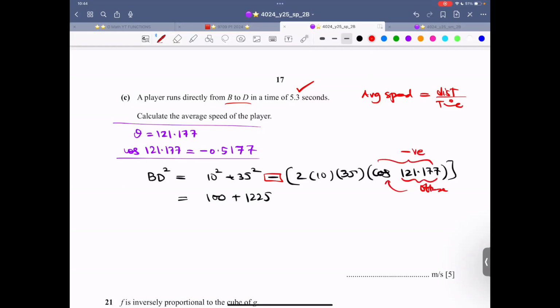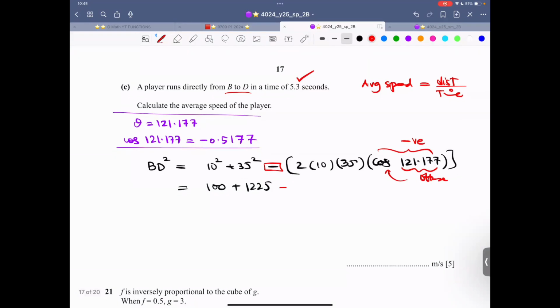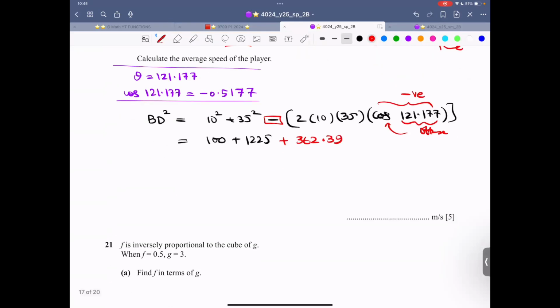So cosine of obtuse is negative. That makes it positive. Now let me evaluate this: 0.5177 into 2 into 10 into 35 comes out to be 362.39. All good?